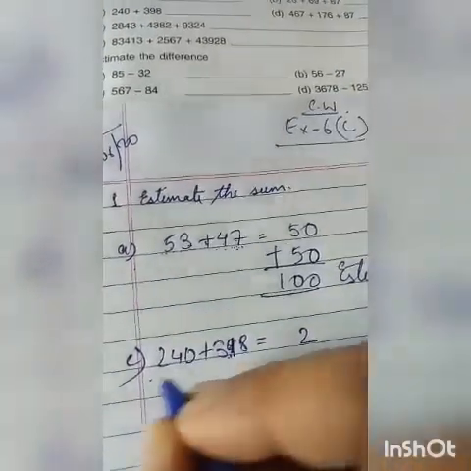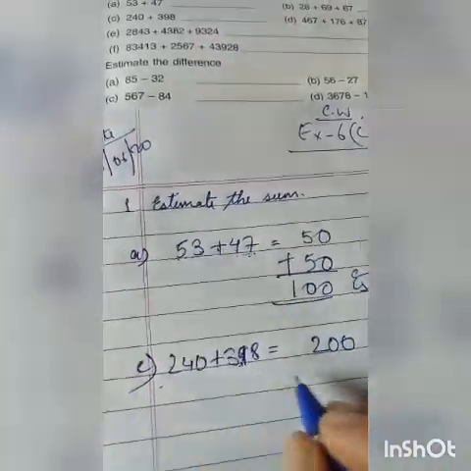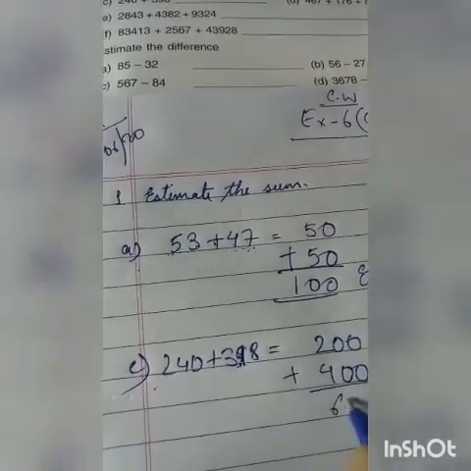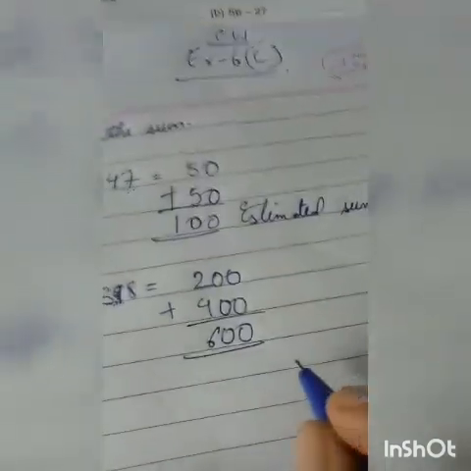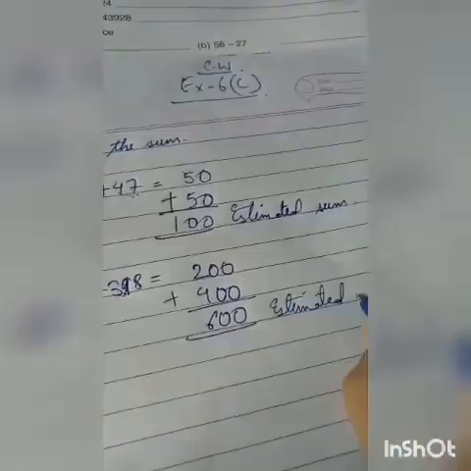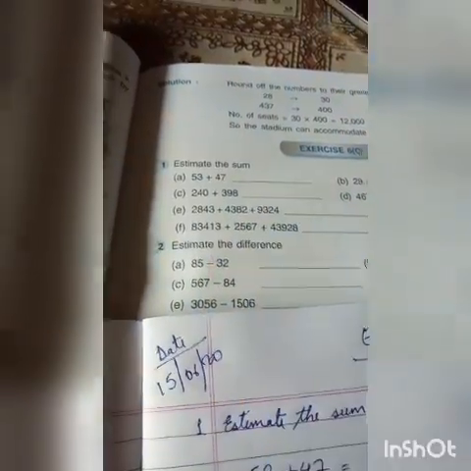So this is less than 250, we'll round off to 200. This is 300, plus this becomes 600. This is your estimated sum. Okay? In the same way, question number E.